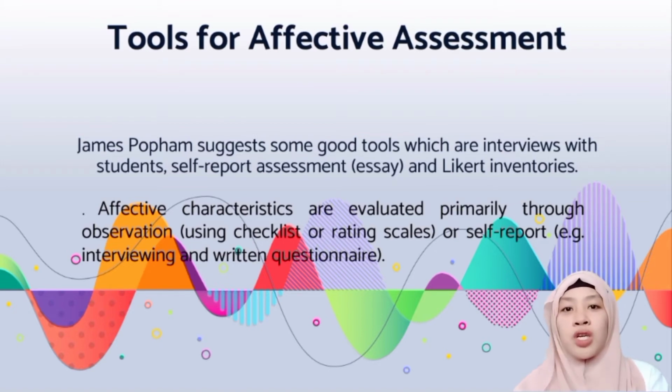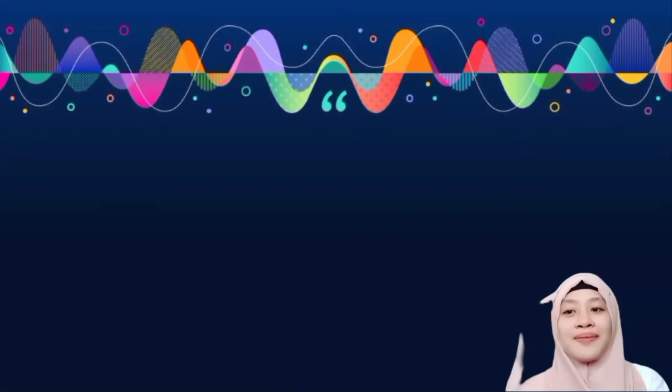Three common approaches for measuring affective behavior are what a person says about himself, or what we call the self-reporting inventory. Another one is what others say about the person, or sociometric methods, and what the person does in a particular kind of situation, or observational technique.